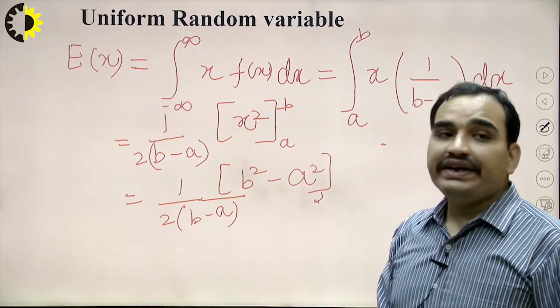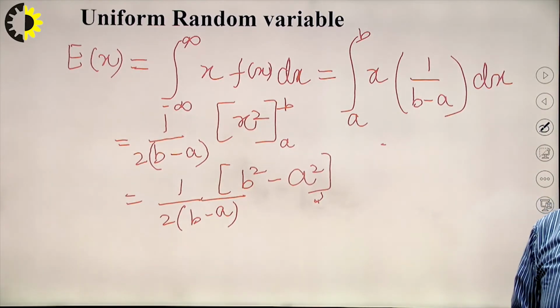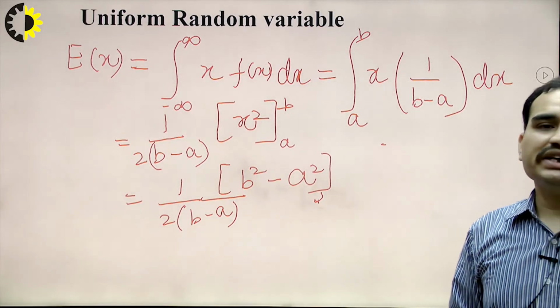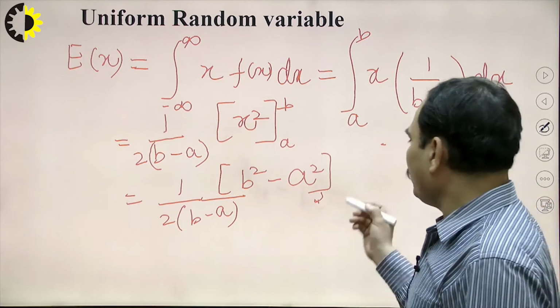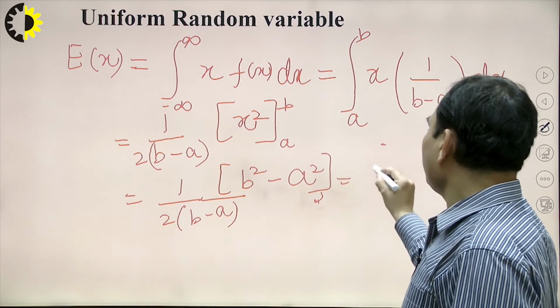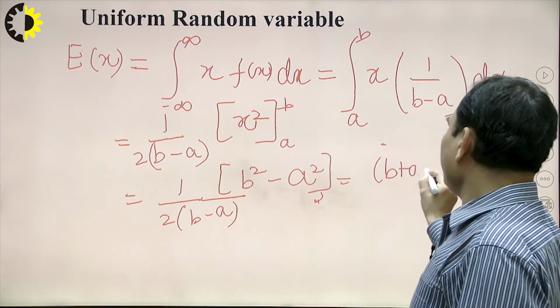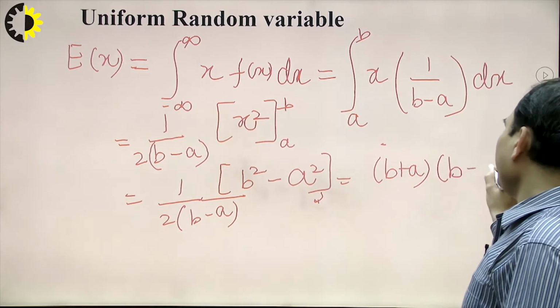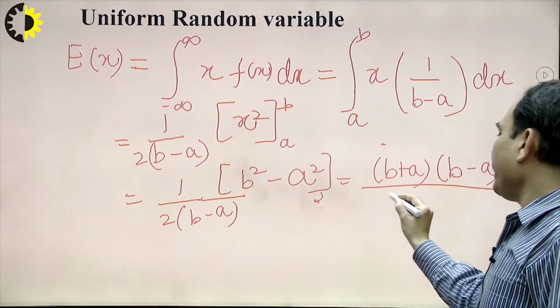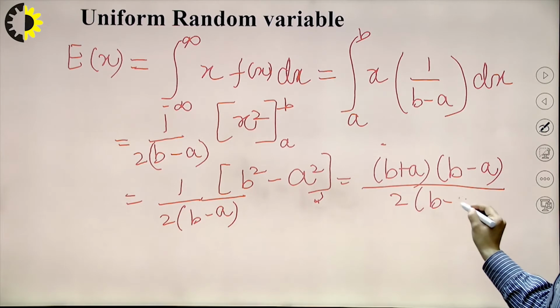So, we know the identity that b square minus a square can be written as (b plus a) and (b minus a). So, substituting it, we get (b plus a)(b minus a) by 2(b minus a).